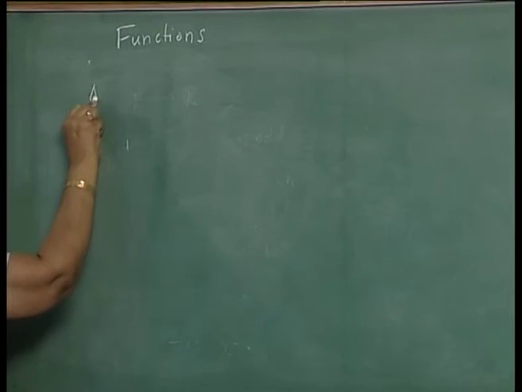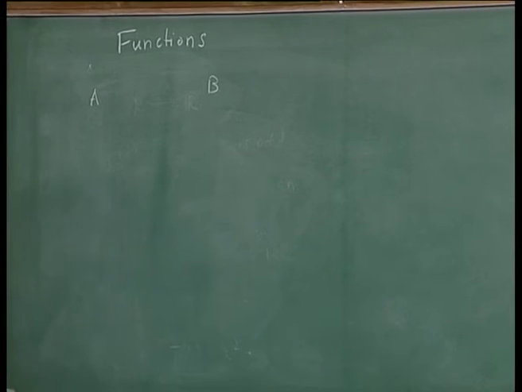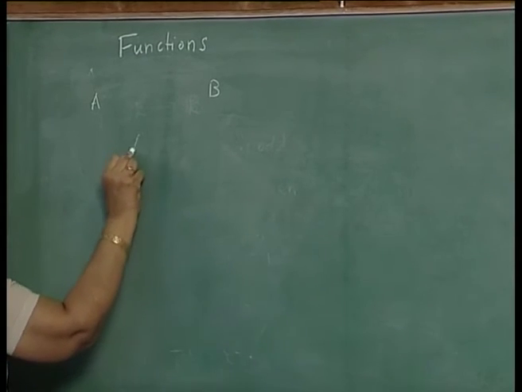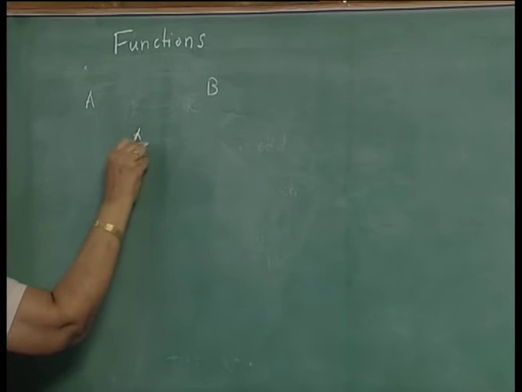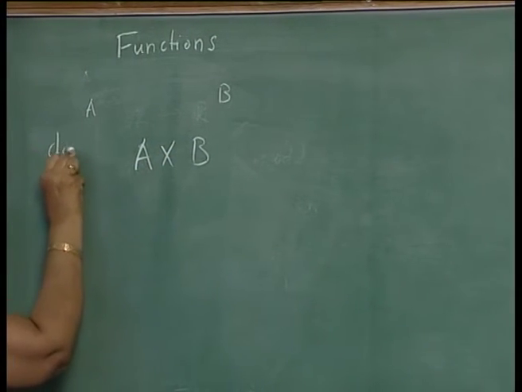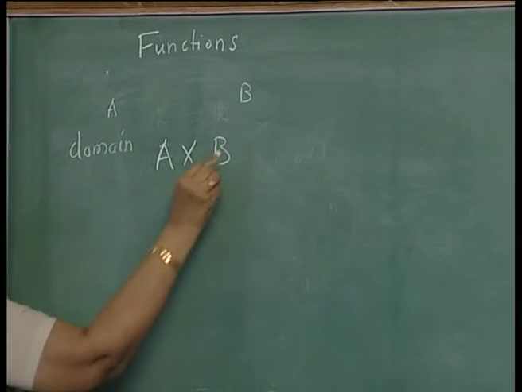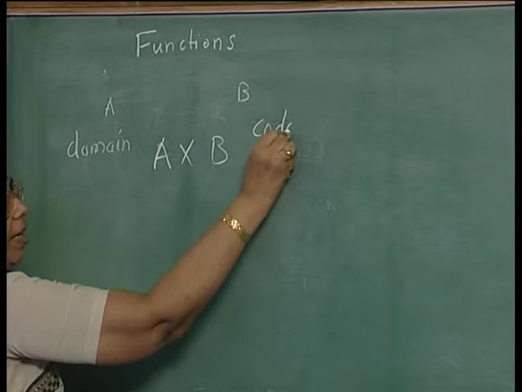Now, you have a domain A and a codomain B. In a relation, when you define a relation on A cross B, you call A the domain. Here also, for the function, use the same terminology: you call A the domain and B the codomain.